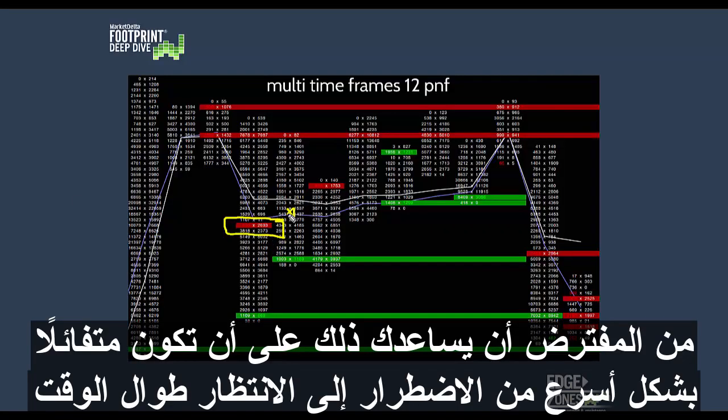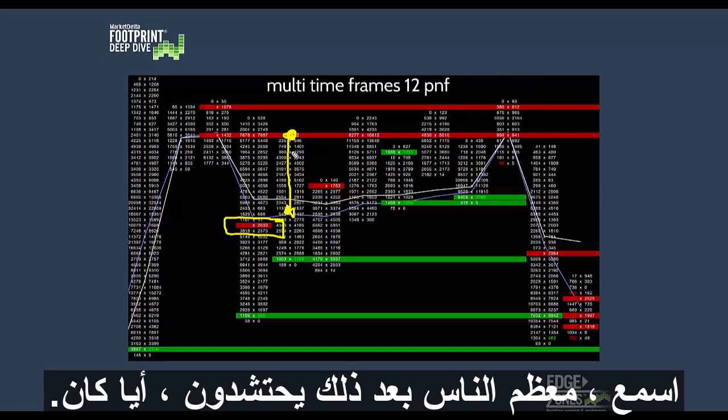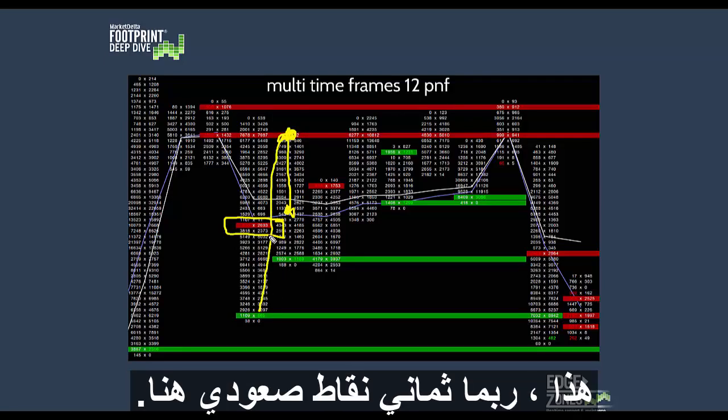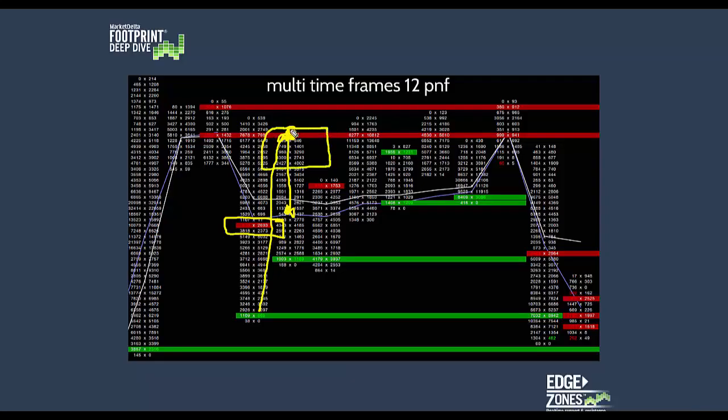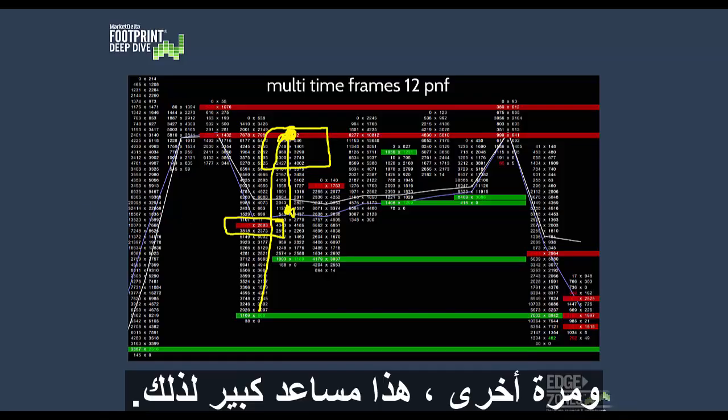That should help you be bullish quicker than having to wait all the way up here. Listen, most people, after it rallies, whatever this is, maybe 8 points, they're bullish up here. Wow, great. A little late. When could you put your horns on earlier? And again, this is a big helper for that.